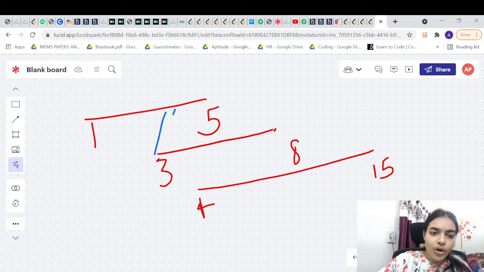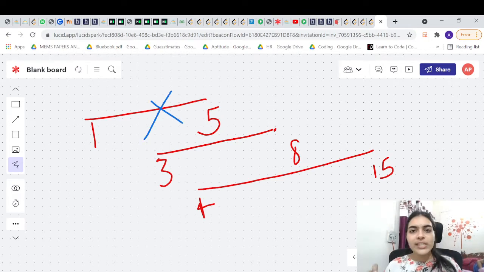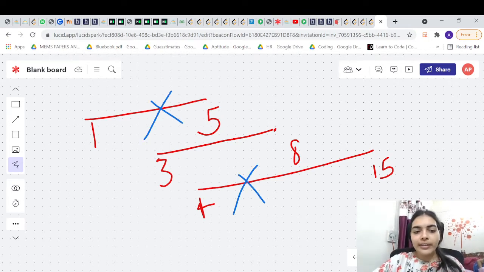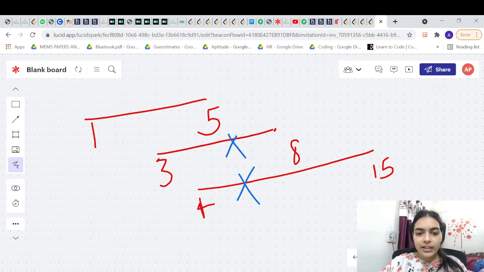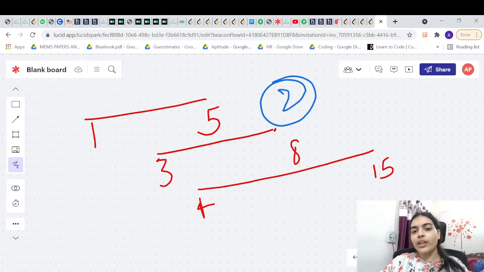In this case all of them are overlapping. If you just delete one of them, it is not sufficient because the remaining two will still overlap. So you will have to delete any two of them. So 2 is the answer. Delete these two or these two, whichever two you like.